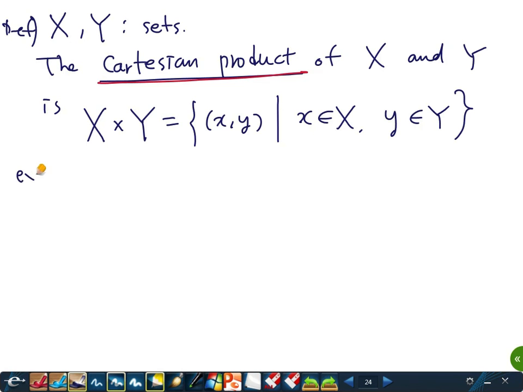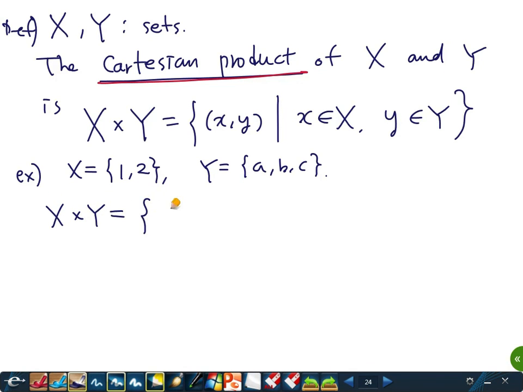Example. If you see this example, you will immediately get the idea. All right, we have two sets, X and Y. What is the Cartesian product X times Y? In order to make this Cartesian product, you select one element from X, you select one element from Y, you make a pair.